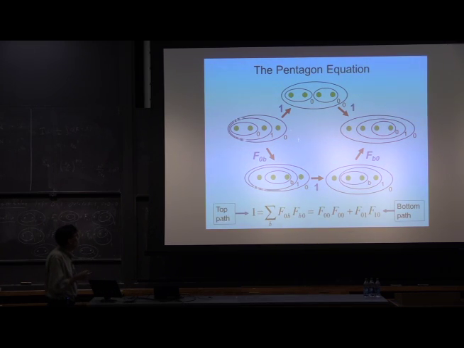If I follow the top path, it tells me that if I expand this basis state in this basis, the coefficient of this term will be 1. If I go along the bottom, I have to sum over both possibilities for B. And I calculate the same coefficient, and I find it's this expression right here in terms of the elements of the F matrix. So we found an equation that relates the components of the F matrix.